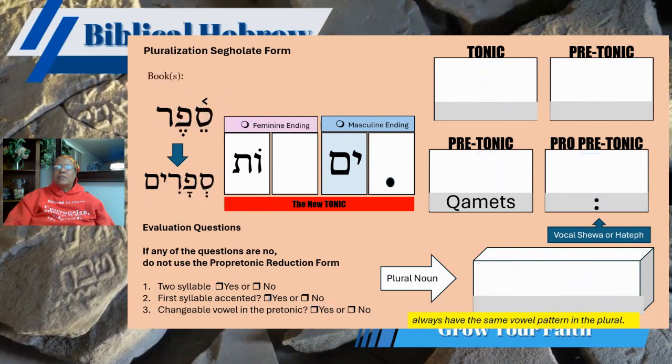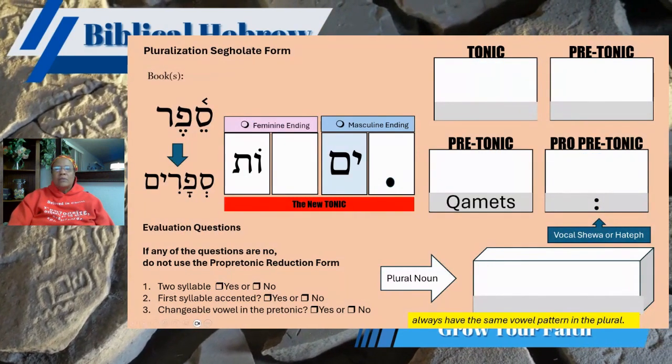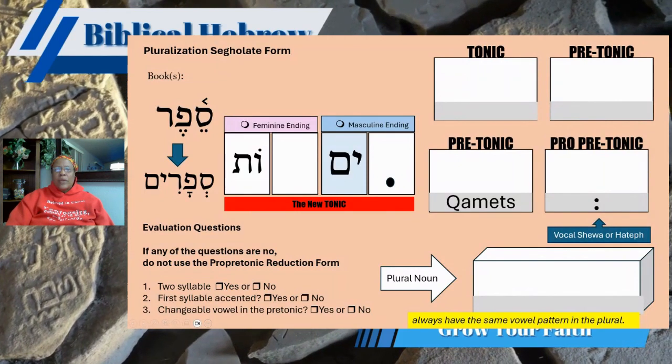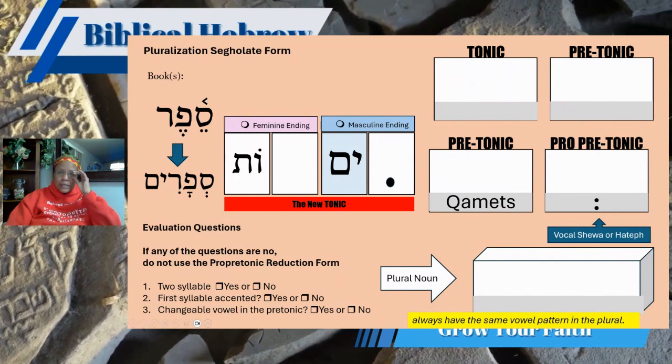I do suggest that you find a rabbi and really learn how to put the accents where they go, because the accent really means that you're going to stress that last syllable.